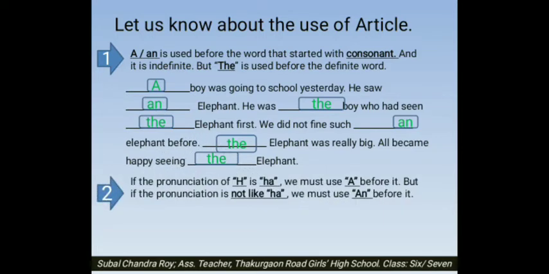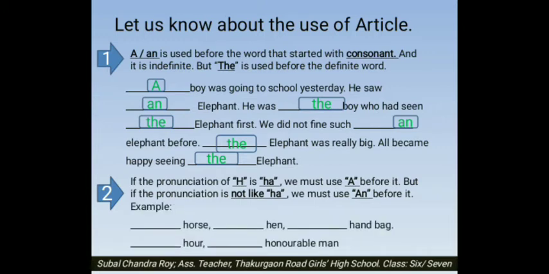Rule number 2. If the pronunciation of H is "ha", we must use "a" before it. But if the pronunciation is not like "ha", we must use "an" before it. So let's go to the example.